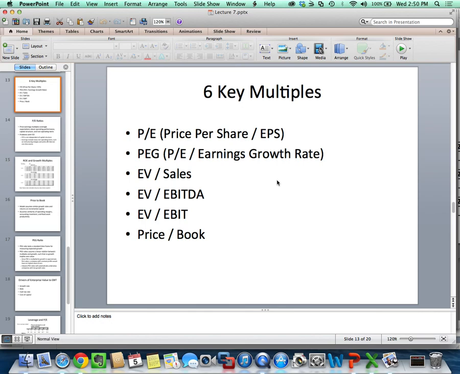EBIT, aka operating income, is EBITDA after the DA, okay, after depreciation. So EV to EBIT mixes in depreciation. But here's the thing. If we treated depreciation as a cash expense, and I know it's not, but if we did, then what we get is a closer approximation for free cash flow.